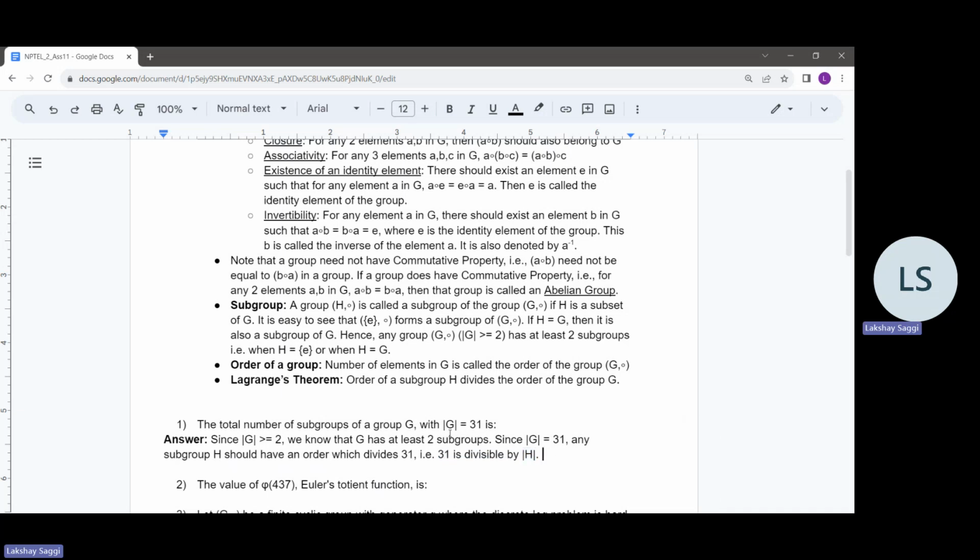But we know that 31 is a prime number. So what's a good property of prime numbers? There are only two numbers which divide a prime number: one and that prime number itself.